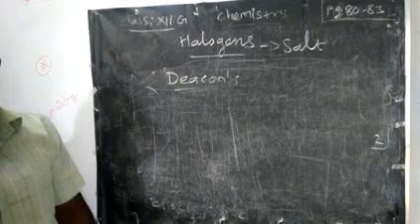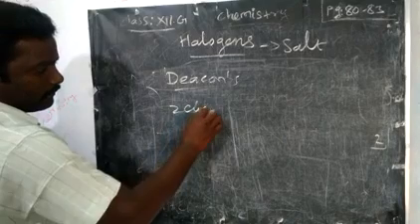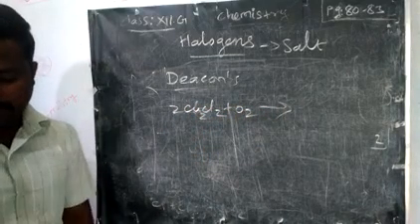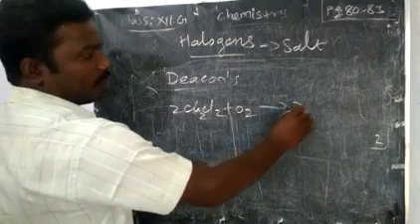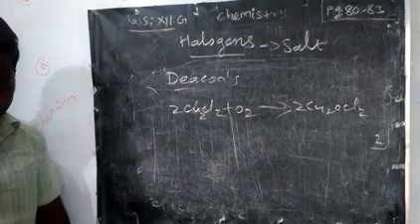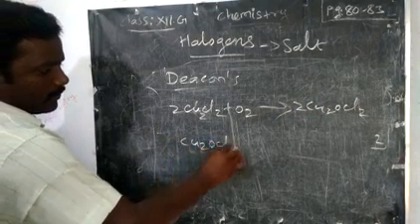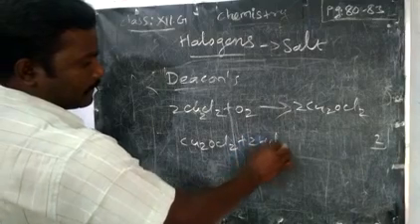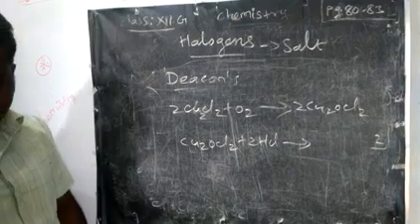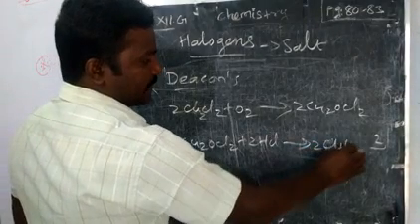At the first step, what happened? The cuprous chloride with oxygen becomes cuprous oxychloride. Further, it is decomposed with 2 moles of HCl. What will happen? Cupric chloride will form, 2 CuCl2.